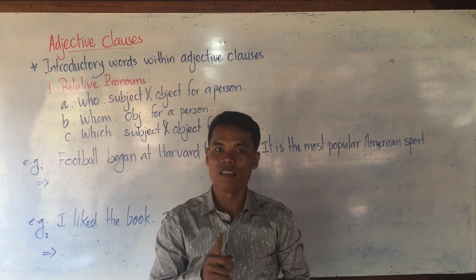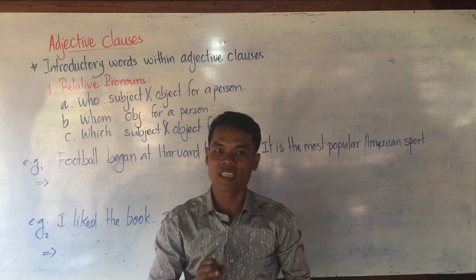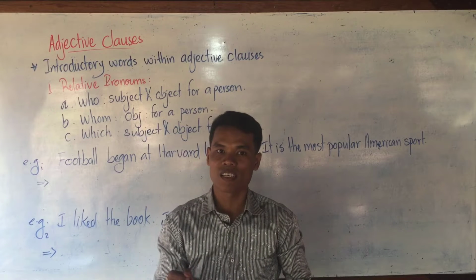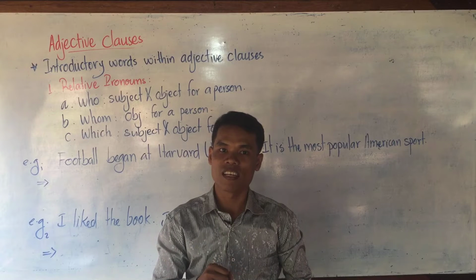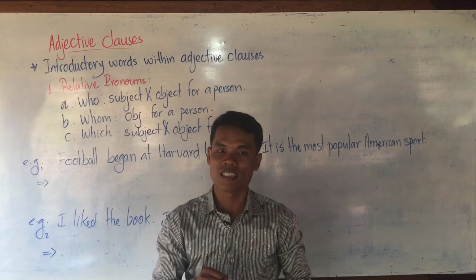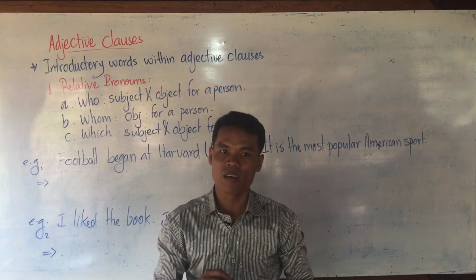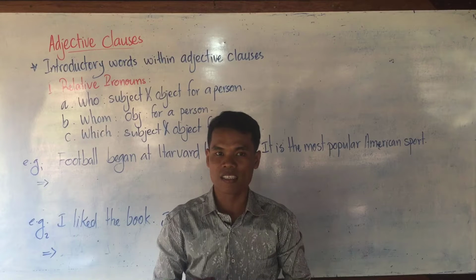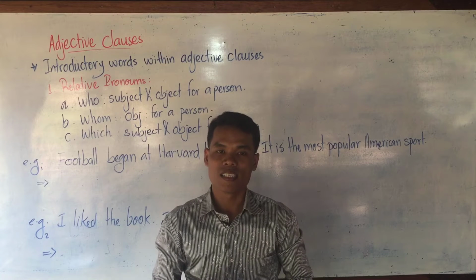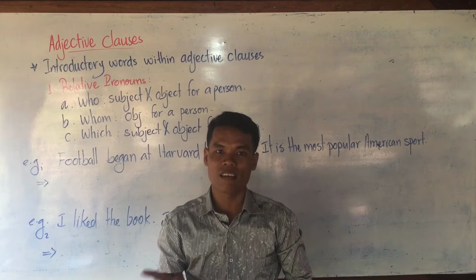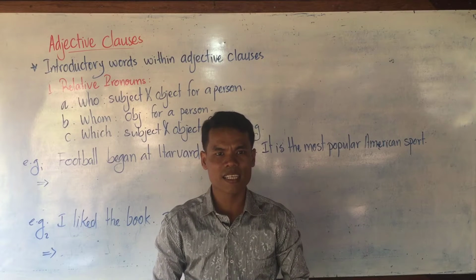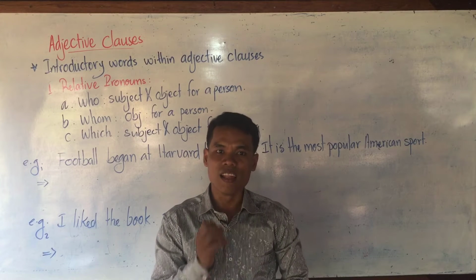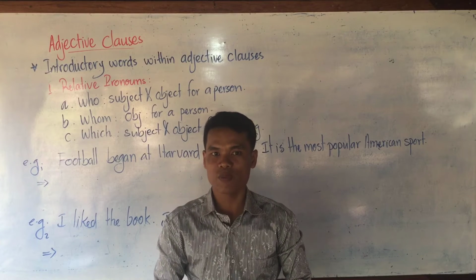Some books call them restrictive relative clauses or non-restrictive relative clauses. Other books call them identifying relative clauses or non-identifying relative clauses.